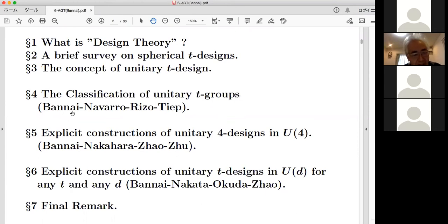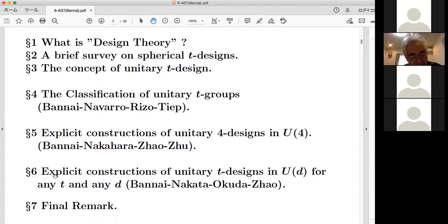This is a joint work with Navarro, Rizzo and Tiep. And then explicit constructions of unitary 4-designs in U(4), the unitary group of dimension 4. This is joint work with Nakata, Da Zhao and Yanju.